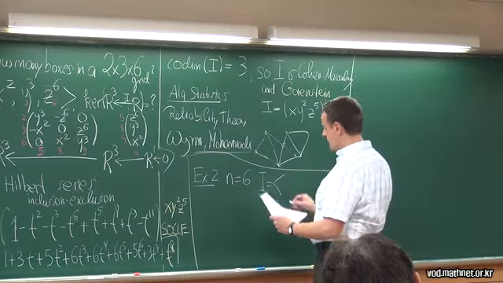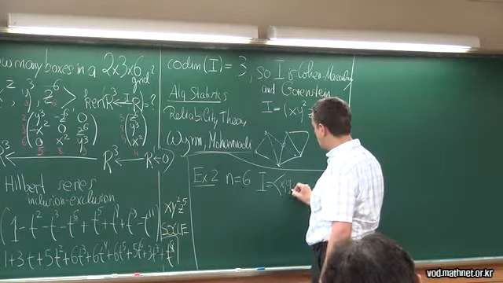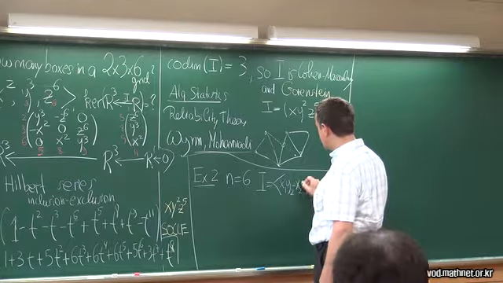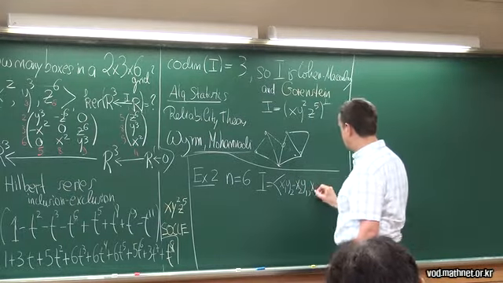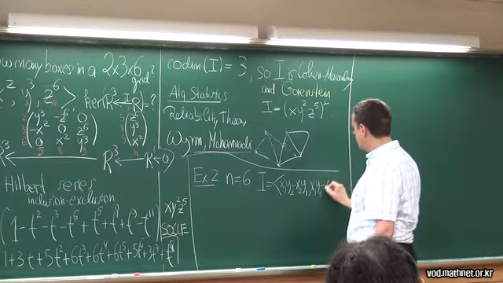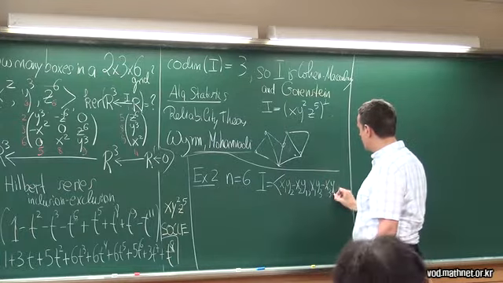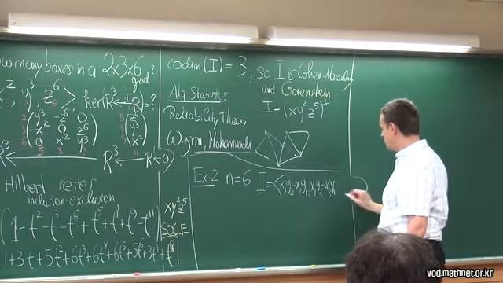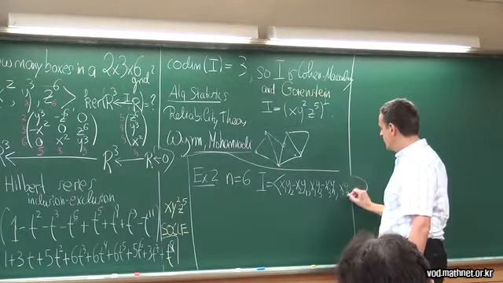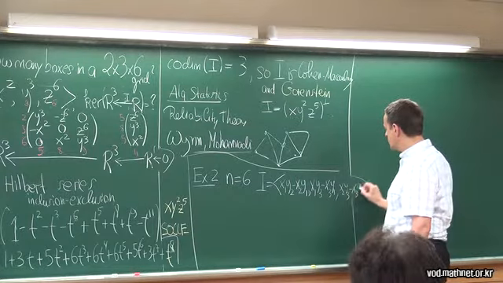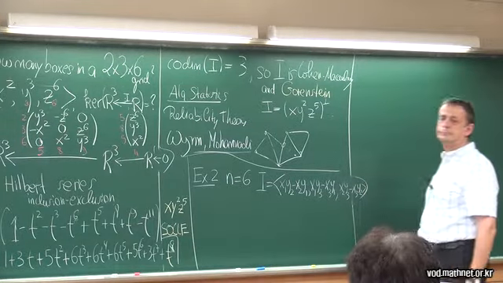And the relations I'm going to write down are x1 y2 minus x2 y1, x1 y3 minus x3 y1, and you can guess the last one, right? So x2 y3 minus x3 y2.